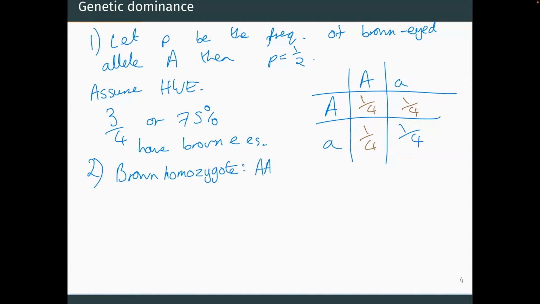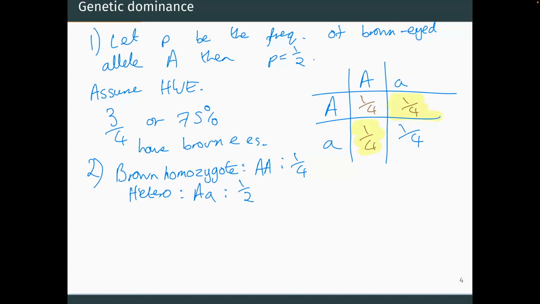Well, that's going to be individuals who have AA, and we know from above that a quarter of individuals in the population will have this genotype, big A, big A. And the heterozygote, well, those are going to be big A, little a, or conversely, little a, big A. And those are going to be half of the individuals in the population. Okay, so that's just these squares here, right? So it's all the brown individuals, people who have brown eyes.